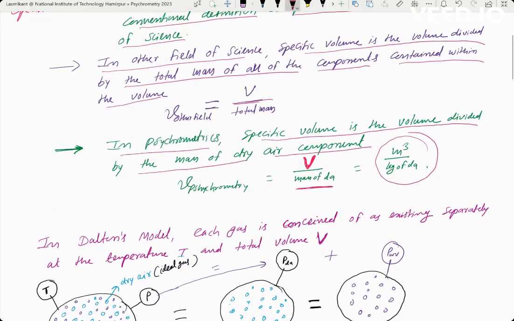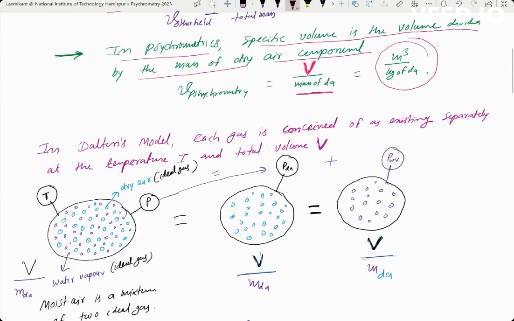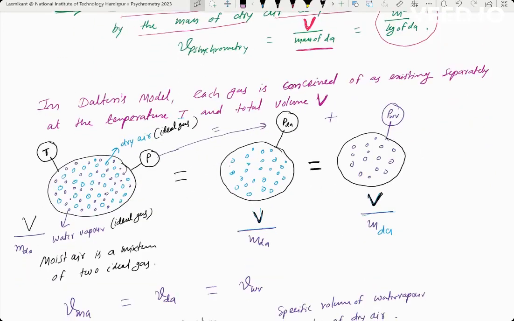So now we will express the specific volume of moist air, specific volume of dry air, and specific volume of water vapor. They are exactly equal.